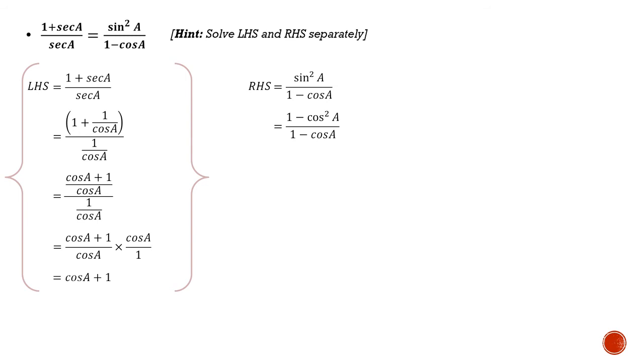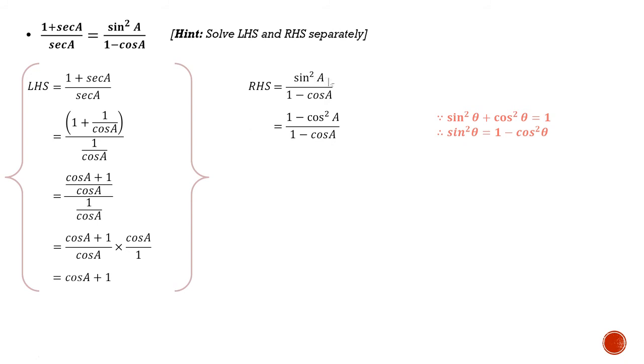Okay, if you are able to identify, I just used this identity and I converted my sine square in terms of cos square by using this identity. Why? Because I want cos a to appear here, because it is already existing in the denominator, and what answer we are expecting for the right hand side should be in terms of cos a, because that is what we got for left hand side.